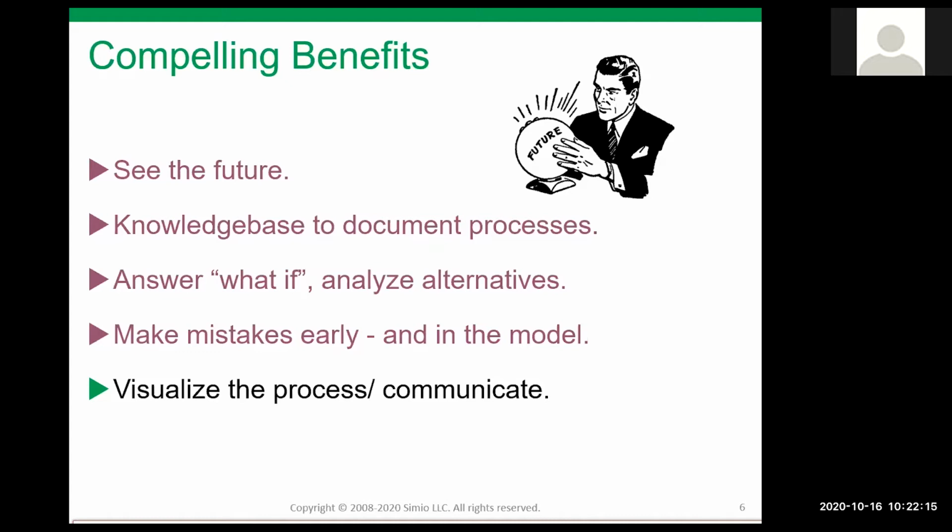You'll see that the downstream machines quickly get starved and the upstream machines quickly get blocked. And you'll say, hey, that is exactly how my process works. Or to the contrary, sometimes you'll see things that happen that should never happen. And even that is a good thing, because now when that operator sees your model, says, hey, that didn't work right, and you change it and make it work right, now he understands the model and he believes in it. So that visualization is one of the compelling benefits.